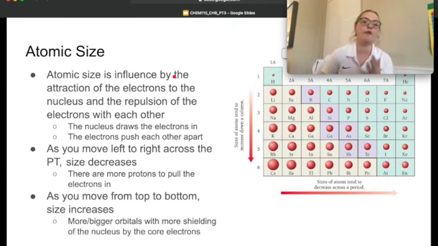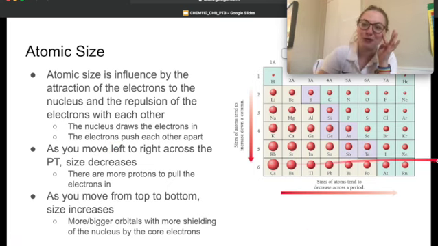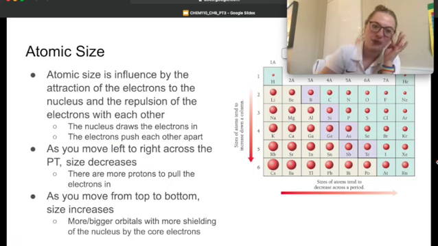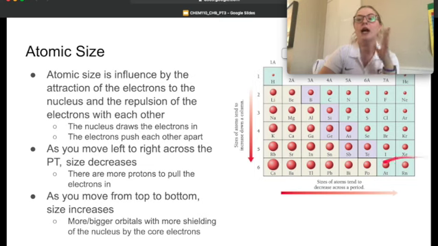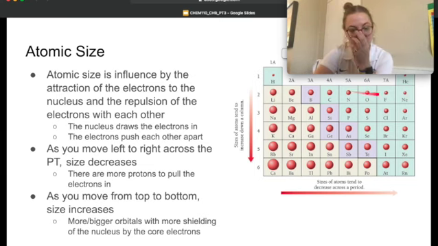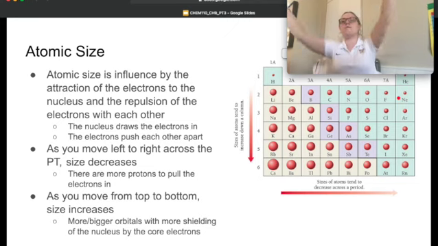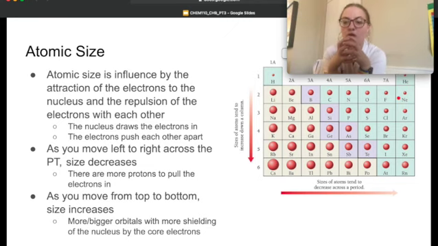So as you move from left to right across the periodic table, you'll see that the atomic size decreases. The atomic size decreases because there are more protons to pull those outermost electrons in tighter.